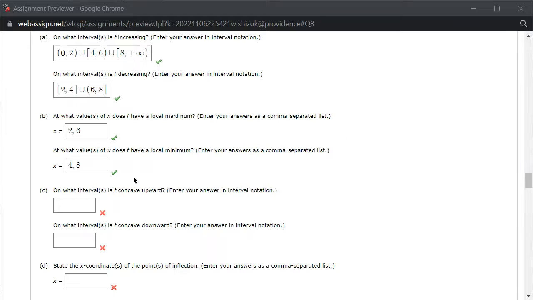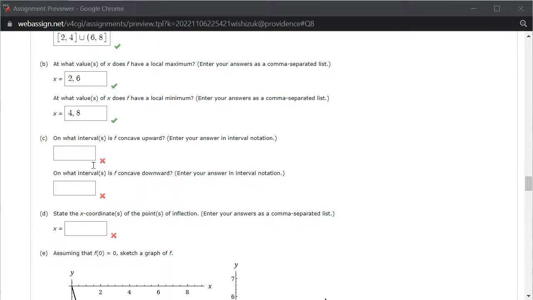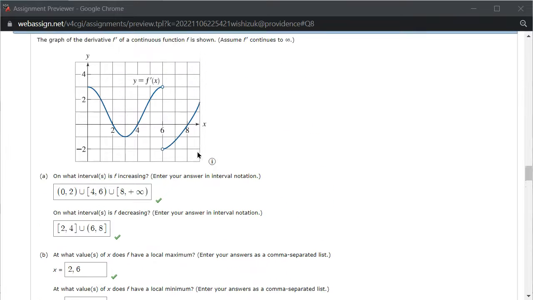Let's move on to part C. On what intervals is f concave upward and then concave downward? Concave upward when f prime is increasing. So it's increasing from 3 to 6, and then also 6 to infinity.